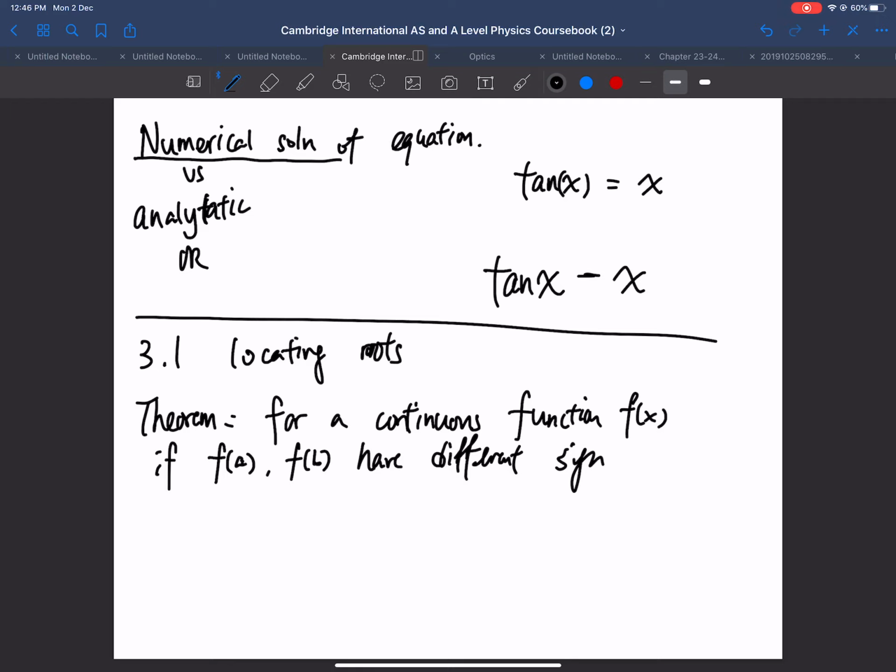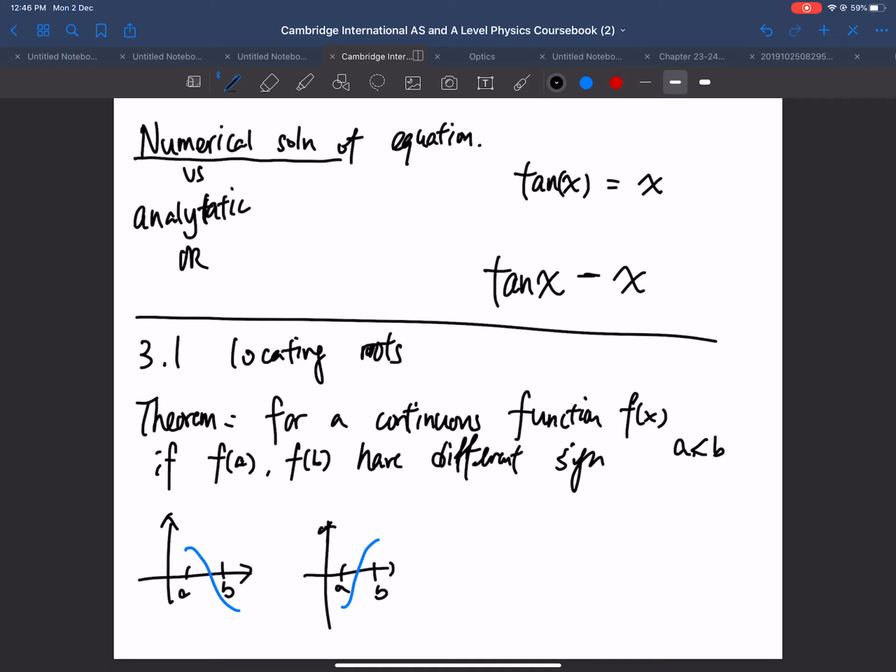Then if you draw the graph, it's quite obvious. Given that a is less than b, if f(a) is negative and f(b) is positive, you can draw like this. Then what does it tell you?